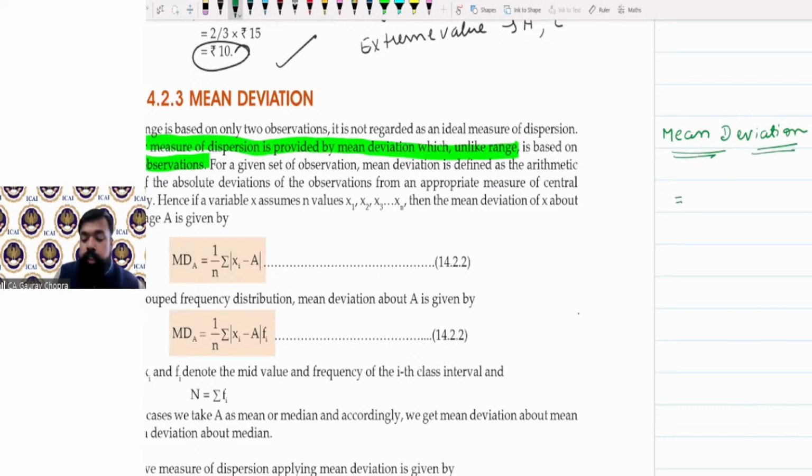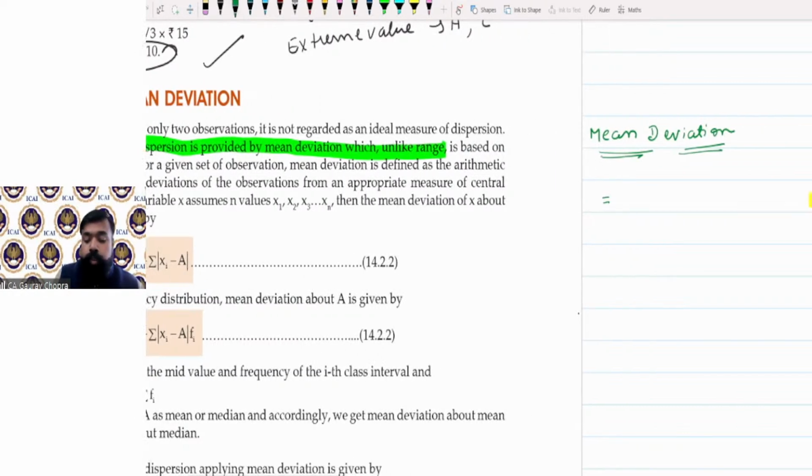Mean deviation is equal to summation, that is sigma mod x minus central value upon n. So this is mean deviation in case of individual series.